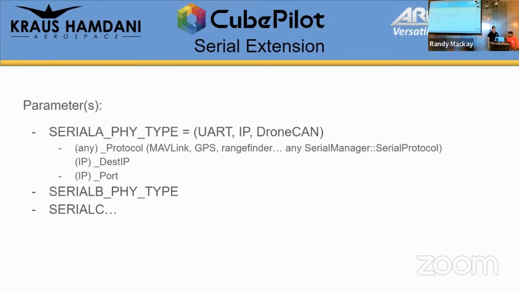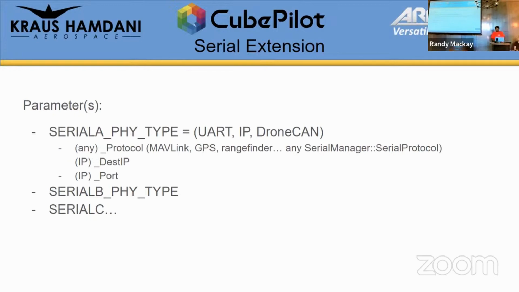Yeah, sure. So we are adding serial extensions basically in ArduPilot. This has been something that I've been working on from the DroneCan side, and I pictured that this is the same thing we'll do with IP as well, where you have currently in ArduPilot serial 0 to 9, basically 10 serial ports, which connect to a physical serial UART device. So we want to have more pseudo serial ports, and be able to select what physical type of that serial is going to be.